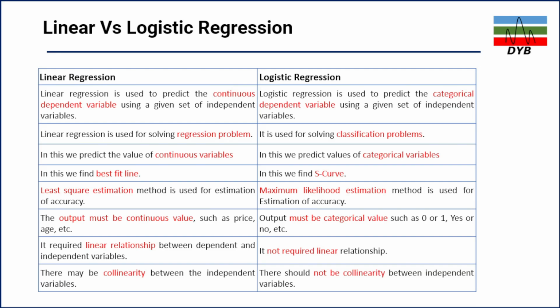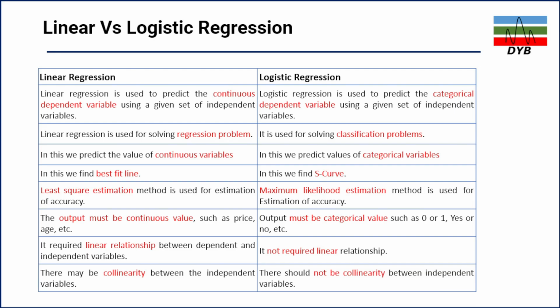Normally we have the best fit line from the data, but in logistic regression we have the S-curve. The least squares estimation method is used in linear regression, but in logistic regression we use the maximum likelihood estimation method. Another difference is that the output must be continuous values in linear regression, but categorical values in logistic regression.